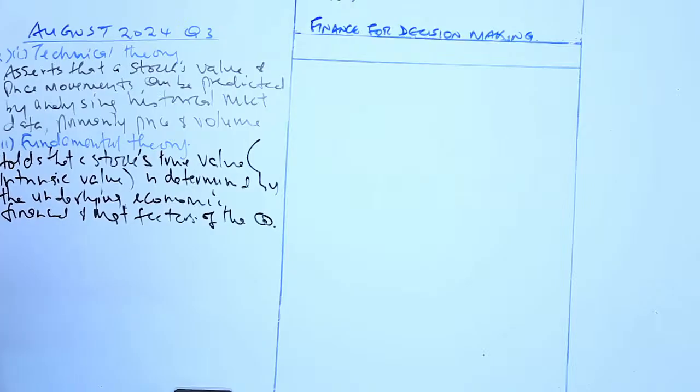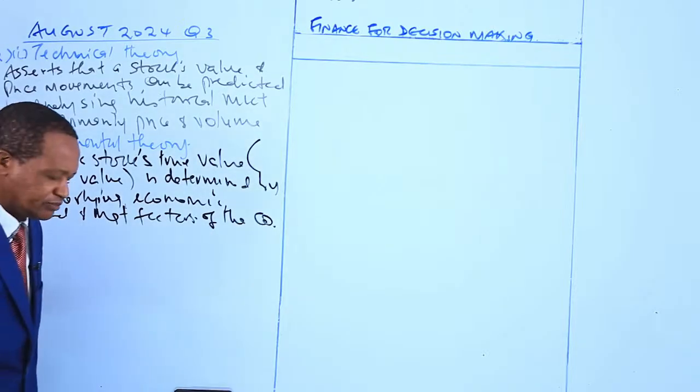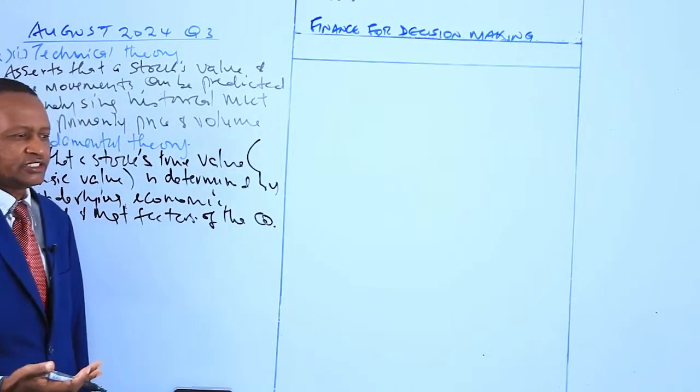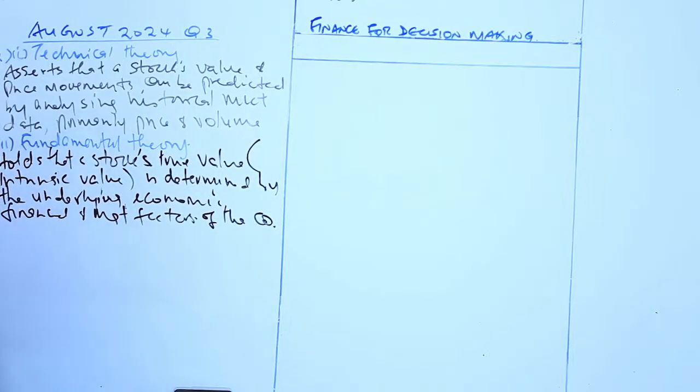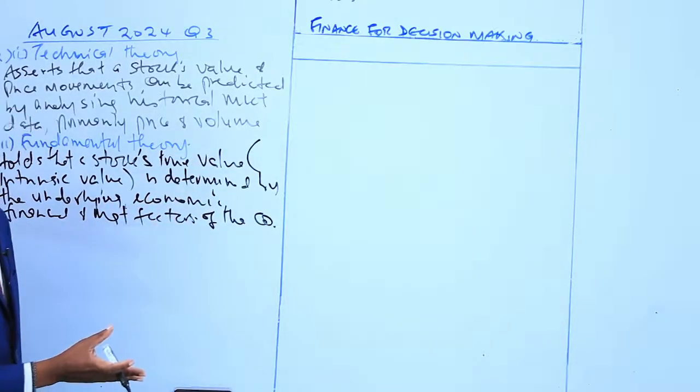It involves a deep dive into a company's financial statements, like the income statement, the balance sheet, the cash flow statement, right? Its industry, its competition, and the overall economy.